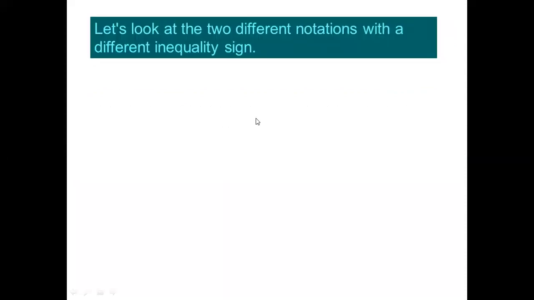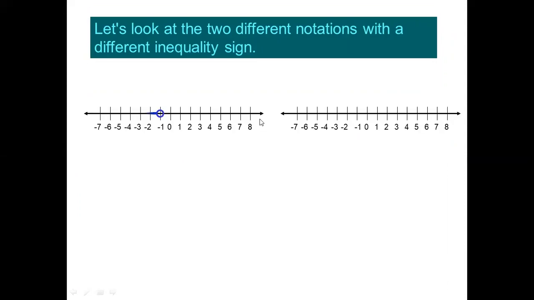Now let's see a different inequality sign and how to represent it. Here the difference is that we do not fill the circle. That means -1 is not included in the inequality. So our numbers will start from just below -1 and go towards minus infinity.